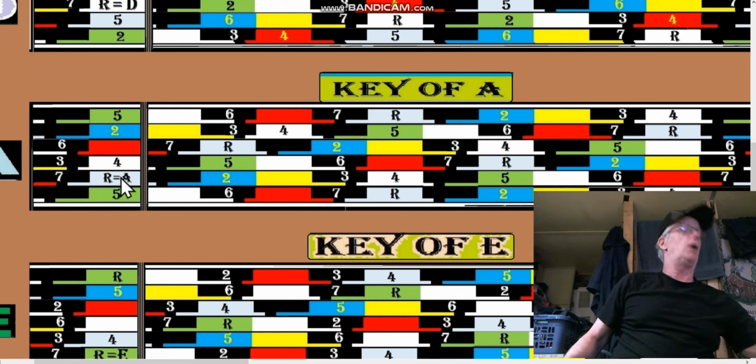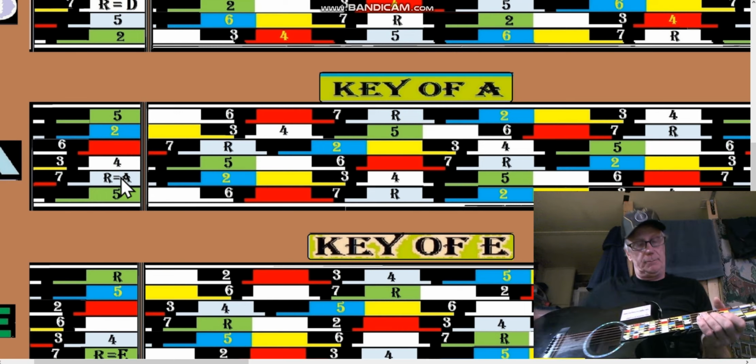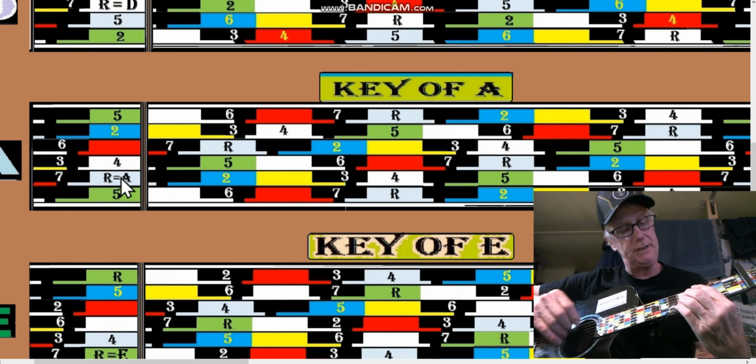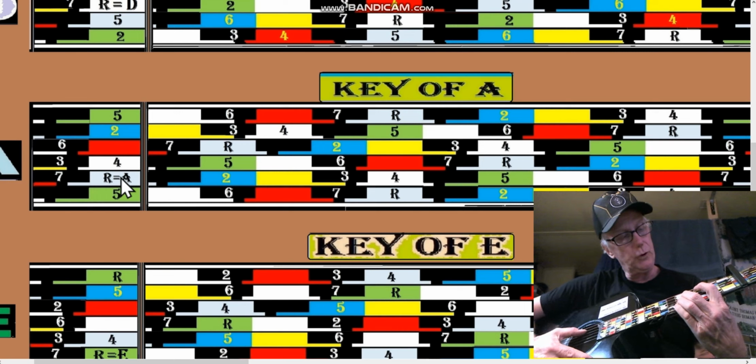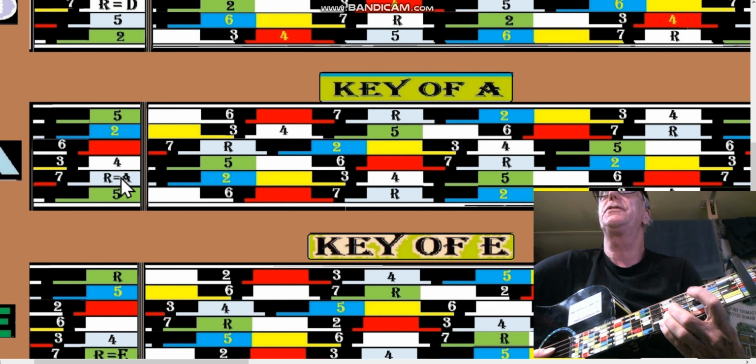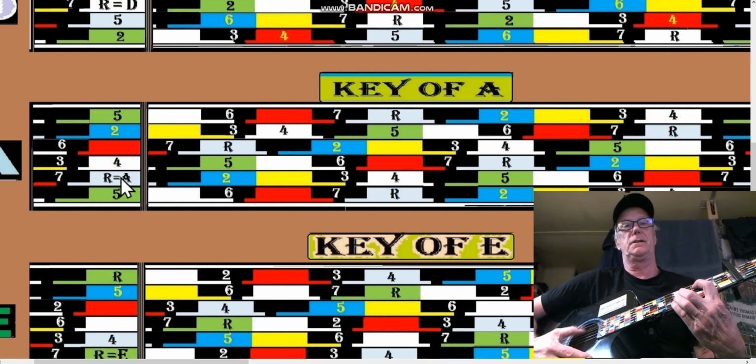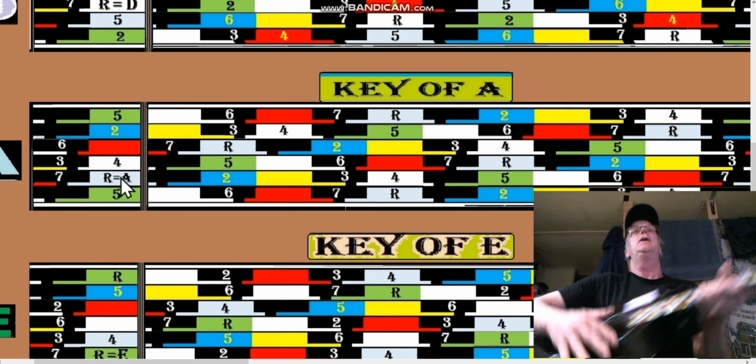Now, if you're borrowing it, so you've got an A-shaped C here, the root of that C is going to be this C on the A string. So same deal.